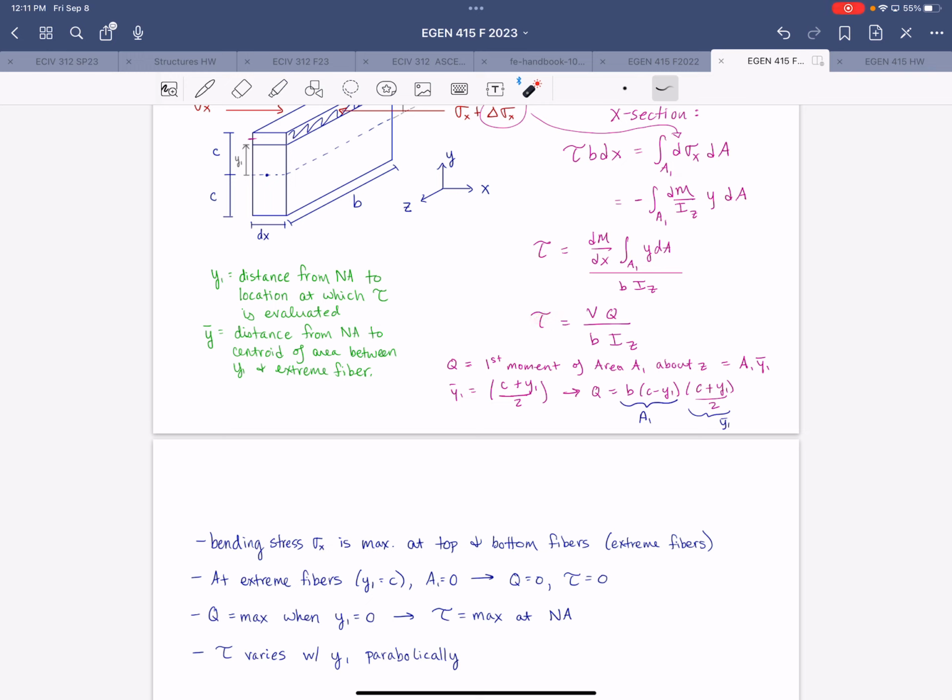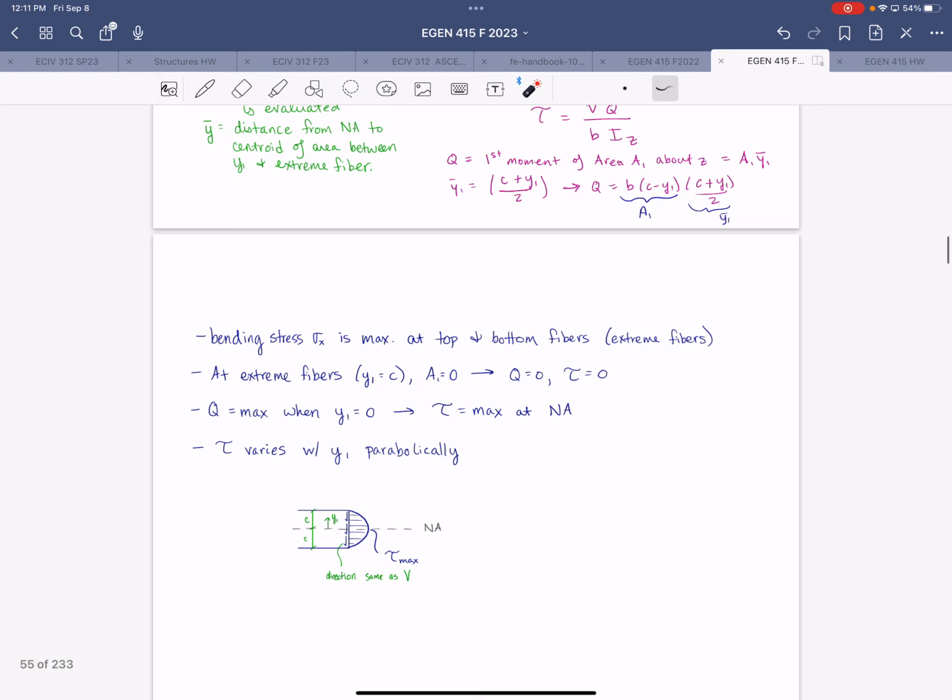So you can predict that that value Q will be maximum at the neutral axis, when y1 is equal to 0. That means that the shear stress will be maximum at the neutral axis as well. Now this is true for a rectangular cross-section like this, but if you have a shape where you have different widths along the depth, then it changes.